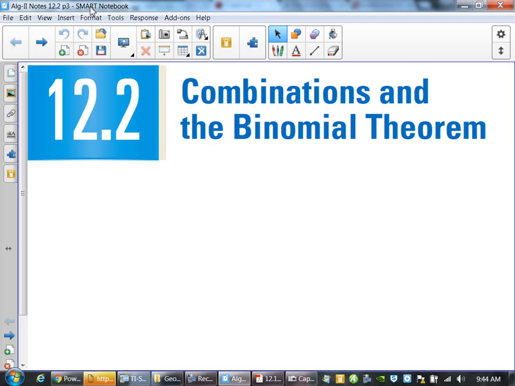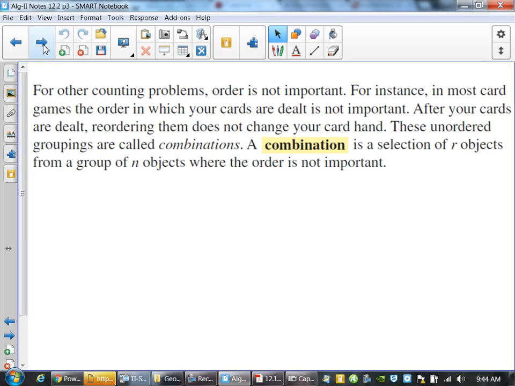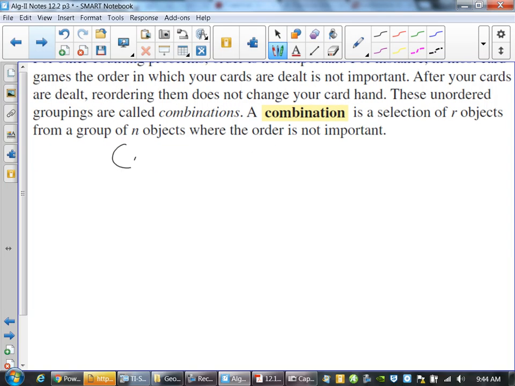The order in which you get each card doesn't matter. So you look at distinguishable ways of doing things, and we do this by using what's called a combination. A combination is a selection of r objects out of n to start with. So when we're doing combinations, order does not matter.